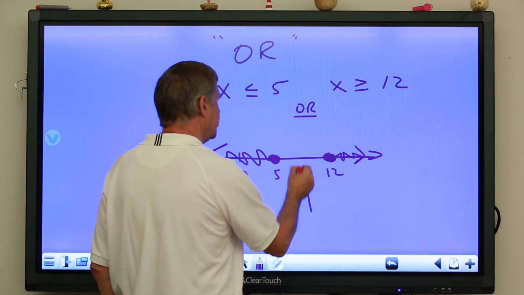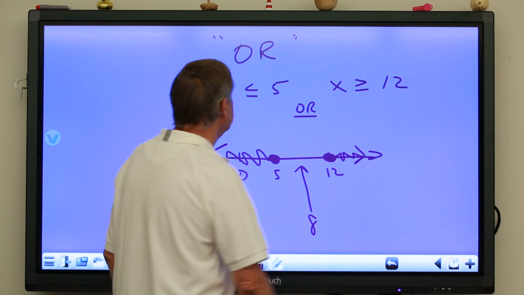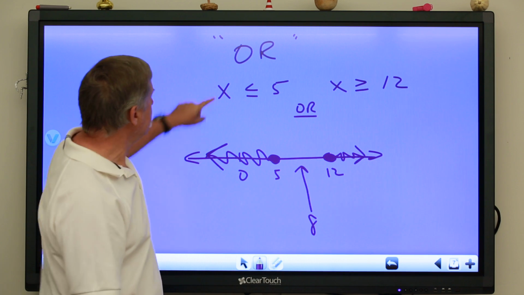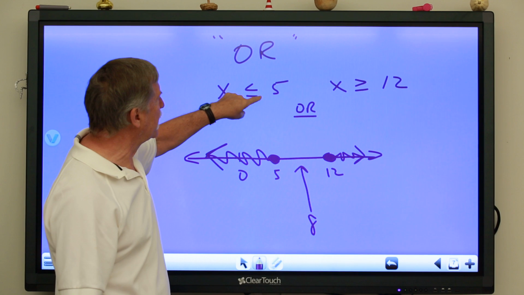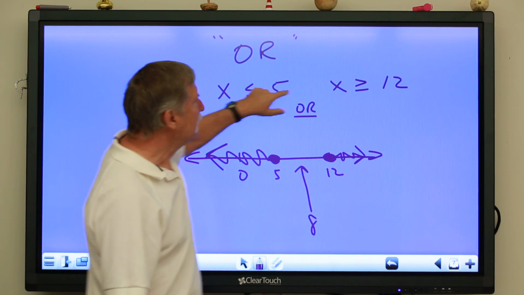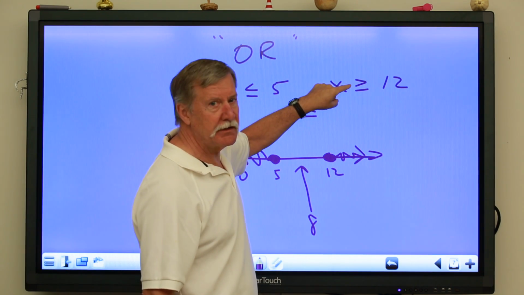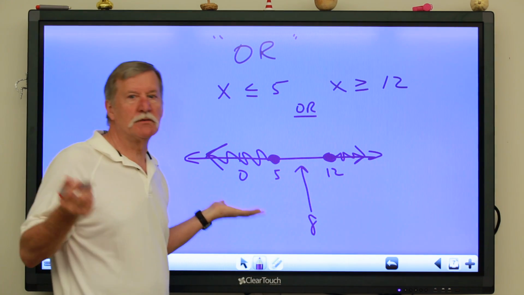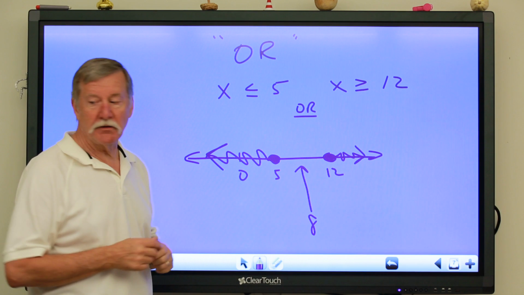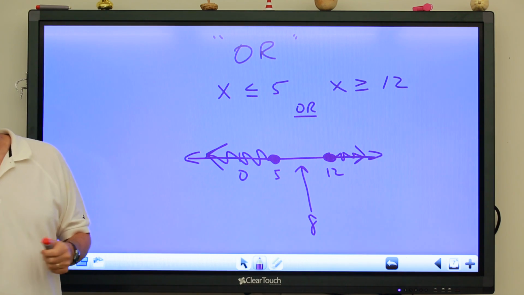Like we pick a number here, like 8, and ask ourselves, okay, 8 is less than or equal to 5? No, that doesn't work. How about 8 is greater than or equal to 12? No, that doesn't work. It's not shaded, so it doesn't work, and that proves that we did it the correct way. All right?